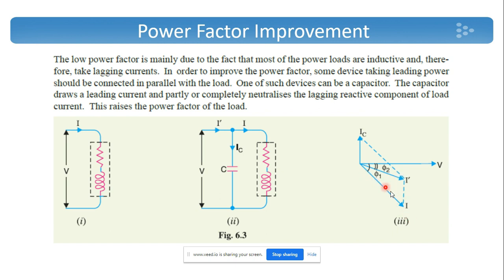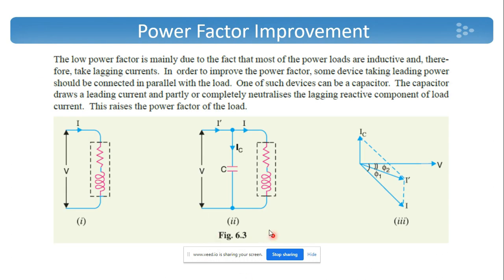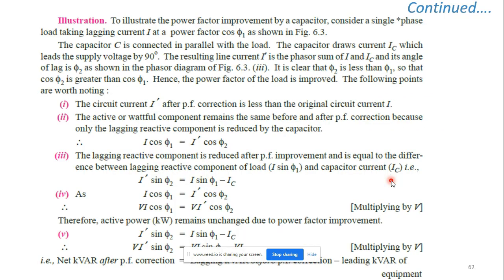Here, if current is I, this component is I cos phi 1, and if current is I dash, this component is I dash cos phi 2, both are same. So the active part is remaining same and reactive part only changes. Reactive part we will understand clearly while we are discussing the problems or in the next session.